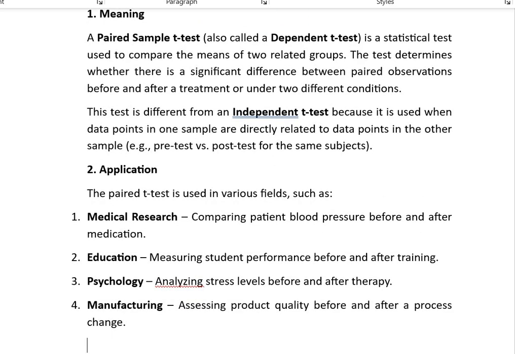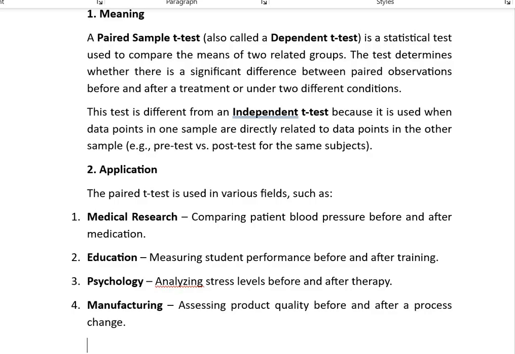In medical research, for a patient, we look at the health condition before the treatment and after the treatment, or before and after using the vaccine. Similarly, in the education industry, the performance of students can be compared before coaching and after coaching, or before implementing any technology and after using the technology.